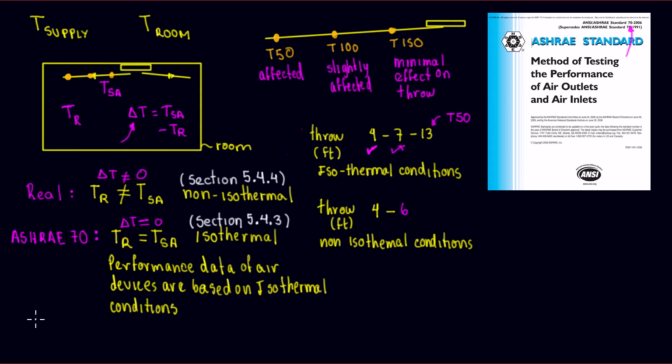So the assumption, I'm gonna put in here, the assumption makes it more consistent for comparable results, more consistent and less difficult, less complex. Okay, so that's the reason ASHRAE 70 is doing that.